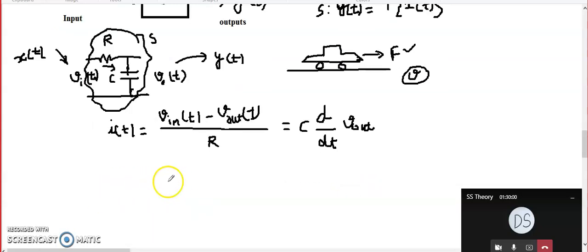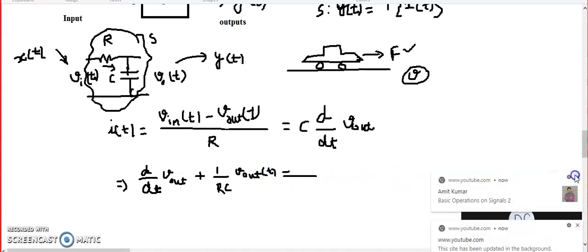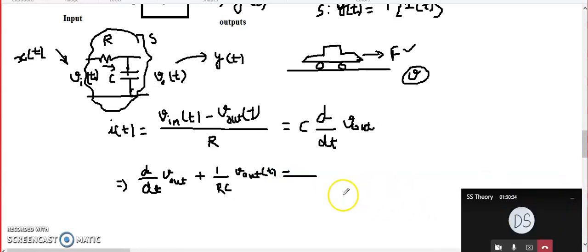Okay, so when we rearrange this equation, what do we get? We will get something like this: d/dt of v output plus 1/RC v output equals 1/RC v input.